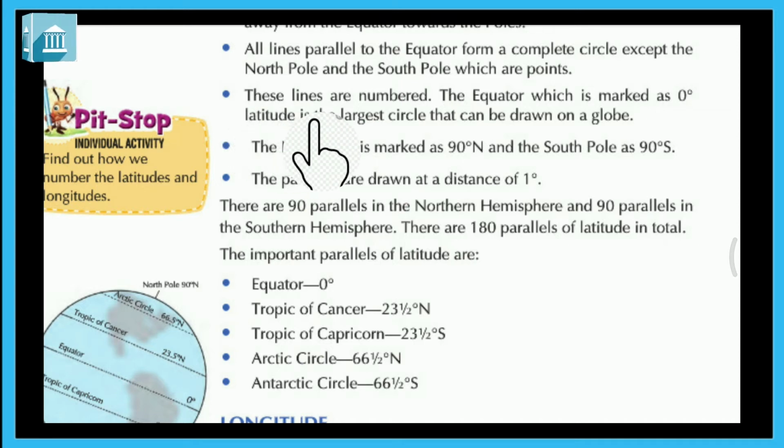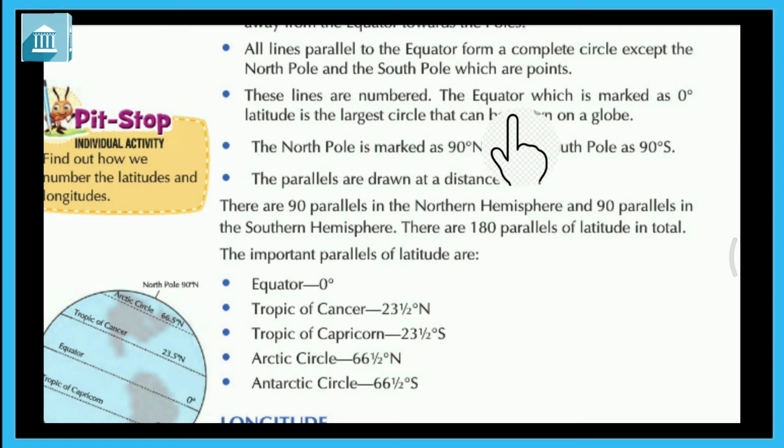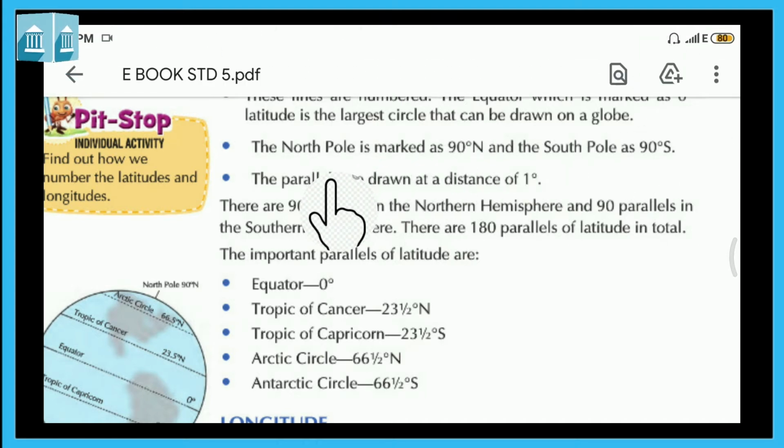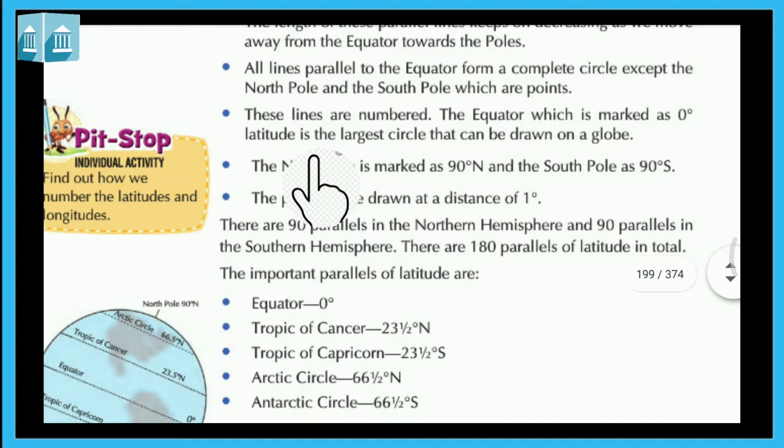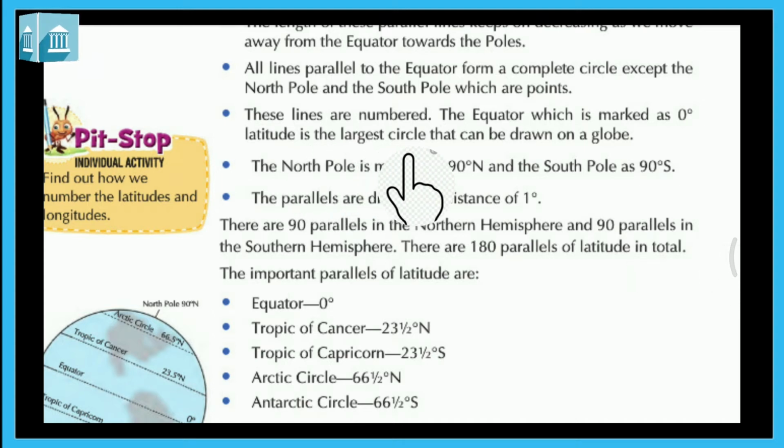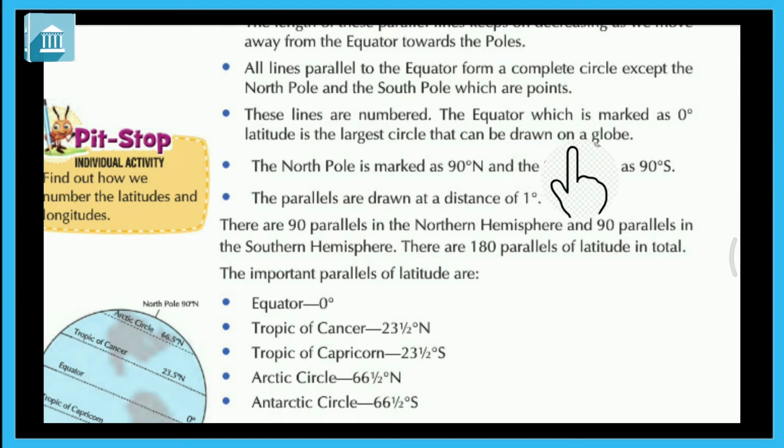These lines are numbered. The equator, which is marked as 0° latitude, is the largest circle that can be drawn on a globe.